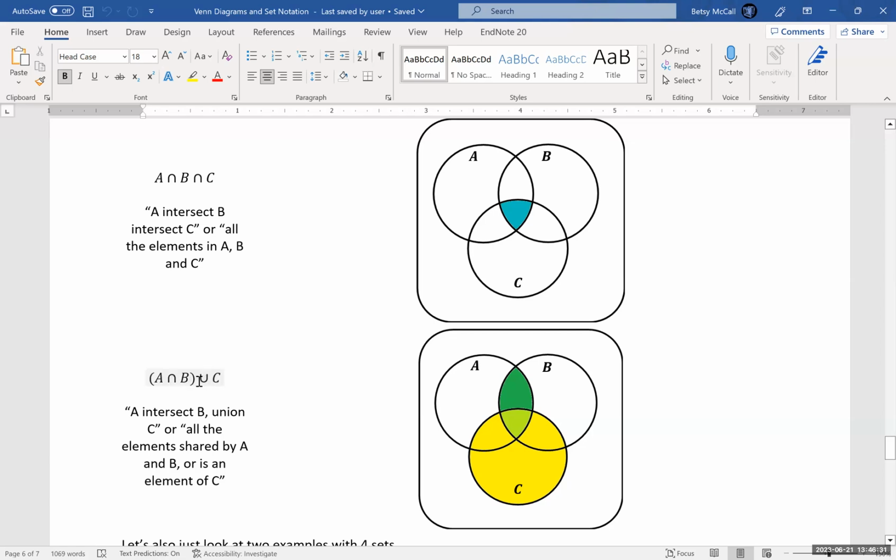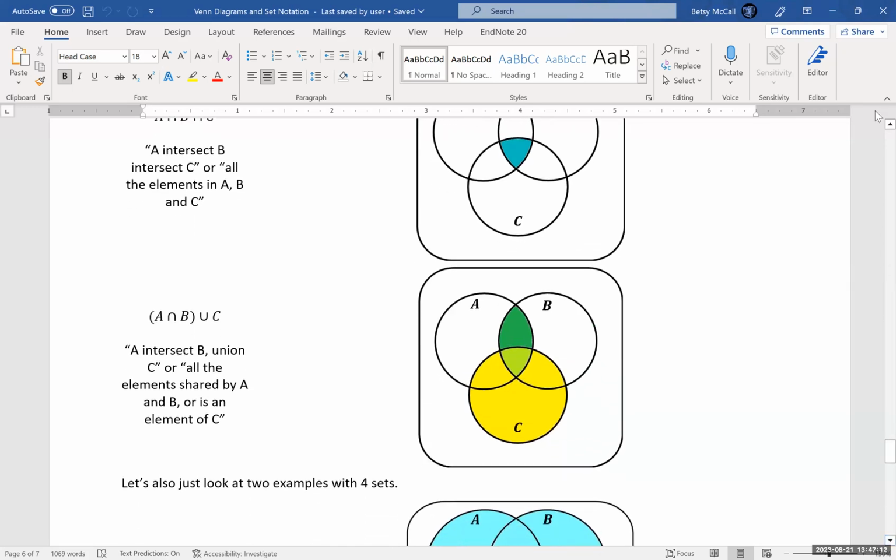Now, when you're using combinations of operations like this that are different from each other, you do have to put in parentheses in order to indicate the order of operations, because it will matter, because intersection is treated like multiplication in the sense that you should do it first. And union is treated like addition, so you should do it after intersections if you don't have the parentheses specified. But so generally for 3 sets, if they're not all the same operation, you should specify the parentheses of which to do first. Otherwise, it could be considered ambiguous.